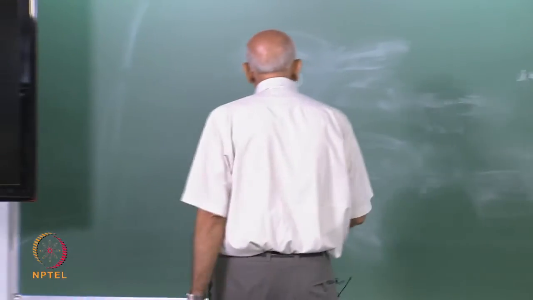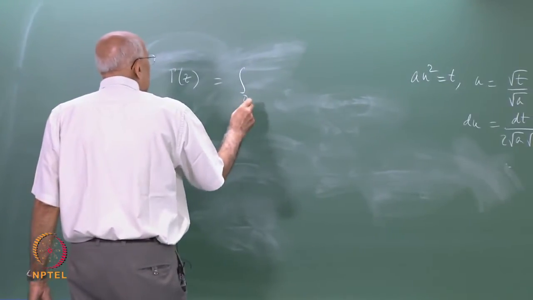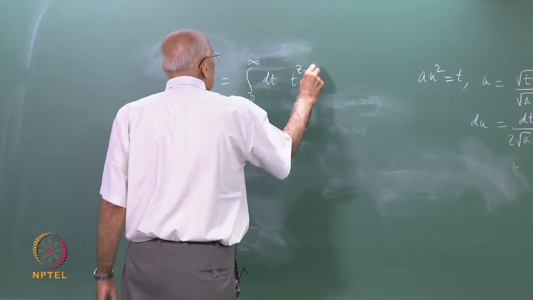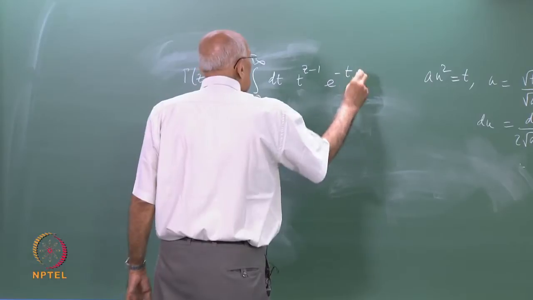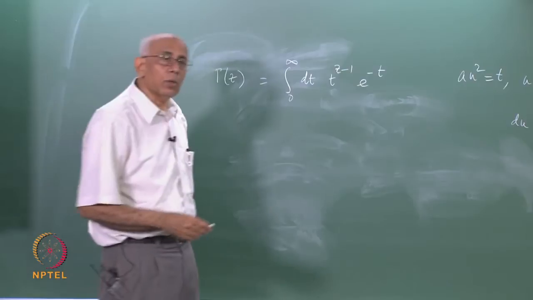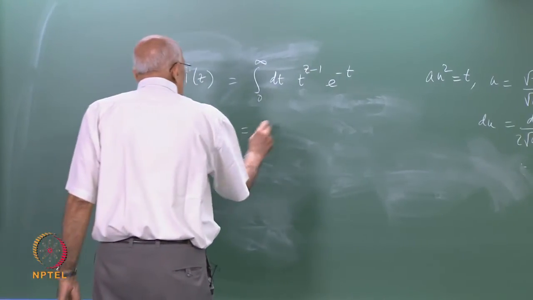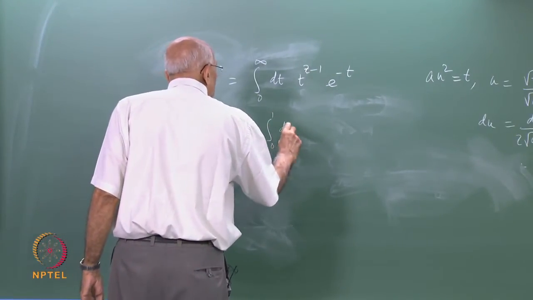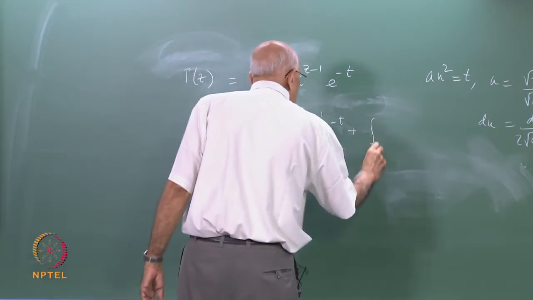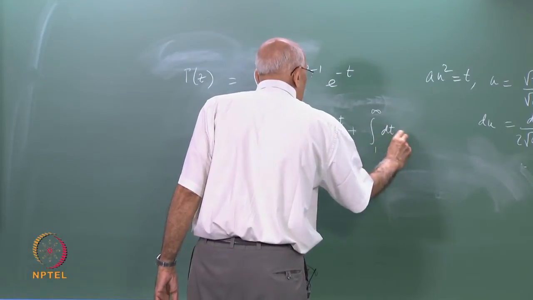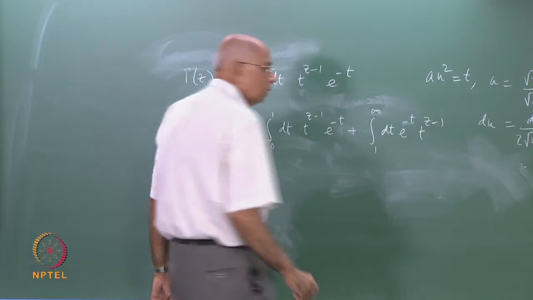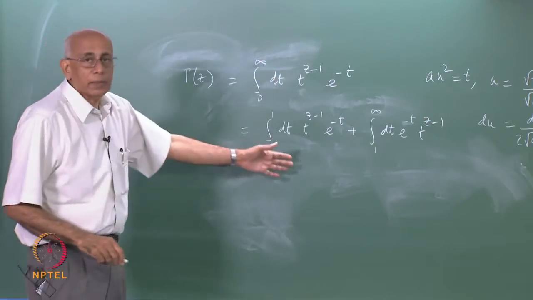And now if you go back and ask what's the singularity due to, eventually it arises because you had t to the power z minus 1 e to the minus t. It arose from this factor here, right. So all we have to do is to write this as an integral from 0 to 1 dt t to the z minus 1 e to the minus t plus an integral from 1 to infinity in this fashion, and do this integral explicitly.